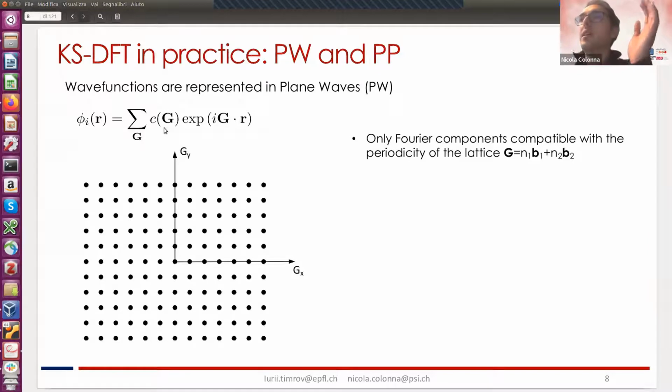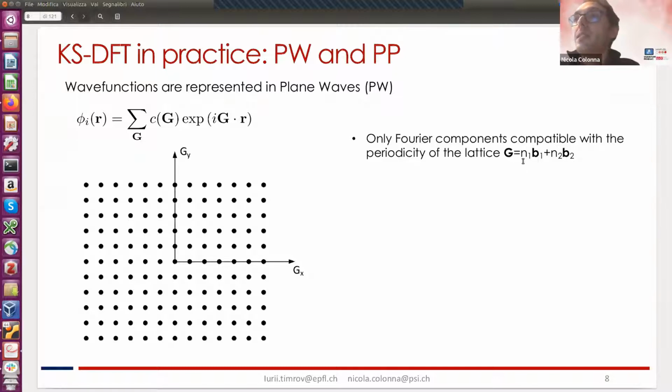Now, this can be a supercell where you put inside your finite system, or really the primitive cell in a perfectly periodic crystal. Here I sketch an example for 2D, and this is what we call G vectors. So all the G vectors that enter in this expansion are those that form the so-called reciprocal lattice vectors.